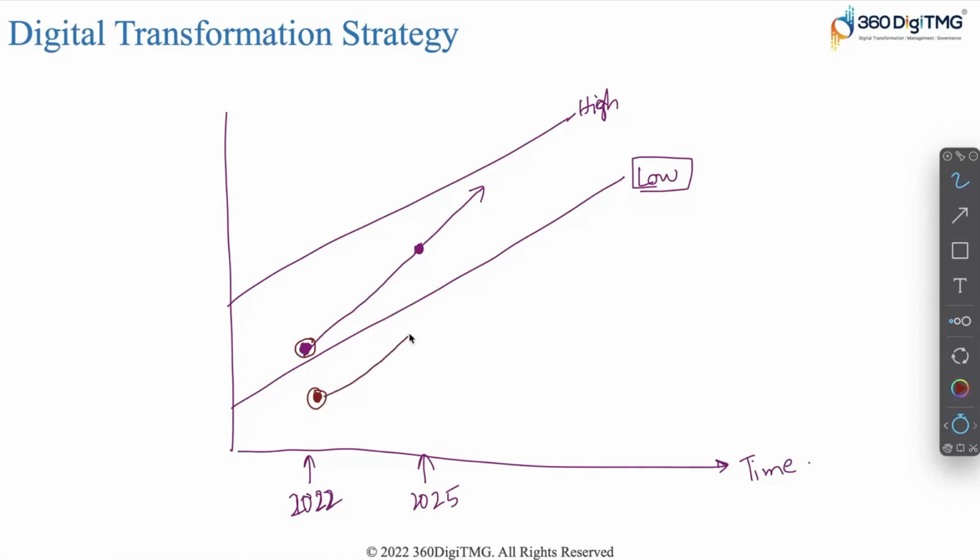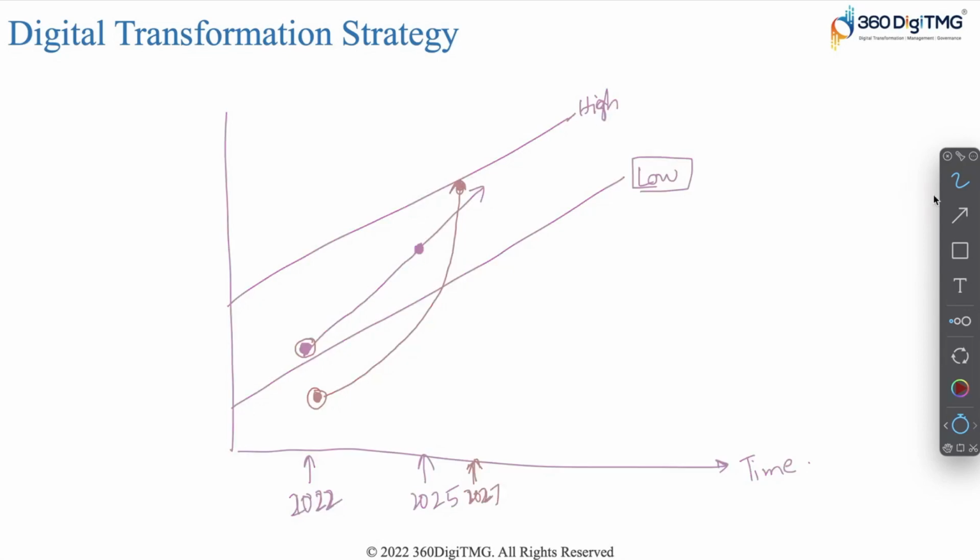But eventually, over a period of time, they will surpass. That means they will begin a service, probably in 2027 or so, which is far superior for the same price as what you're providing. So you will be out if you're not going to analyze the industry. These are a few things that you need to bear in mind before you implement a digital transformation.